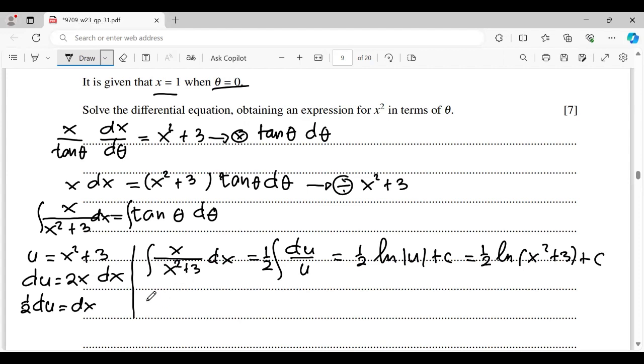And the integral of tangent theta d theta is ln secant theta plus c.